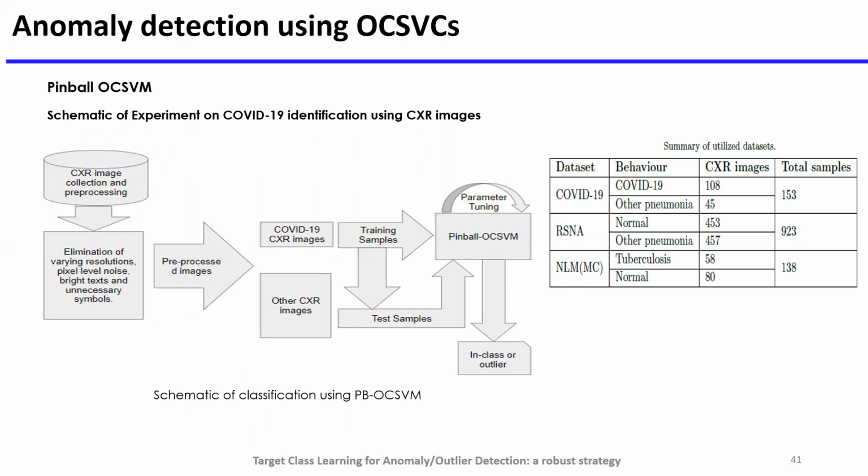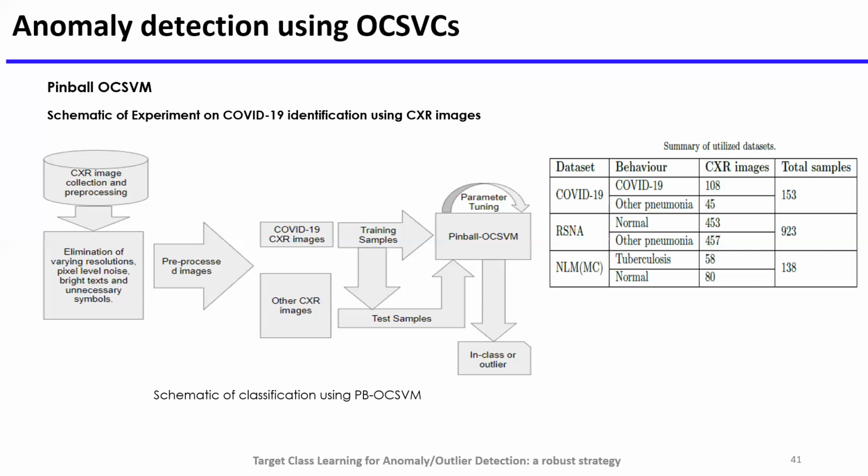So coming to this application, the objective was proposed a bit earlier, and it was about how to diagnose COVID-19. At the time, the number of X-ray images was very less, so it was not possible to train the deep learning models very efficiently. So what people did, they upsampled the COVID-19 samples from the given data set, and tried to balance the data set and build a multi-class classifier or binary class classifier.